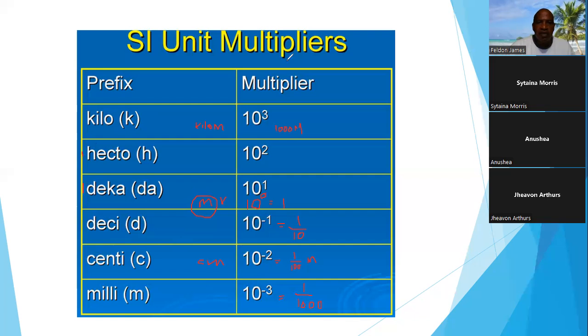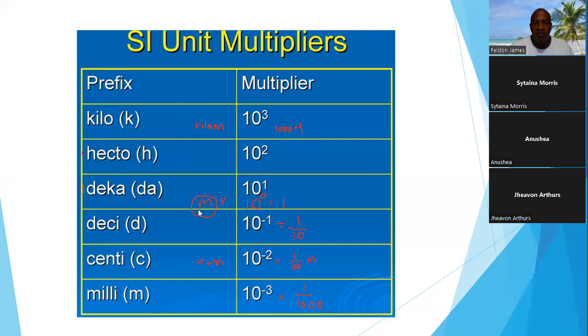Sometimes we may also talk about, instead of meter, where the meter is the unit of length, we may also talk about grams. Now, if gram is the base unit, we may have decagram, hectogram, or kilograms.